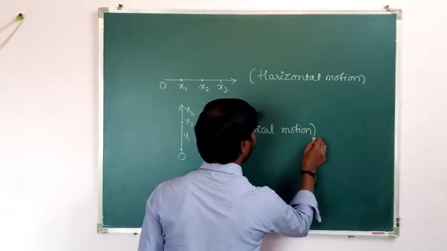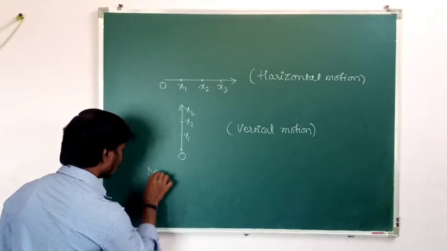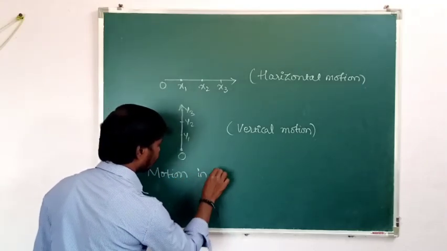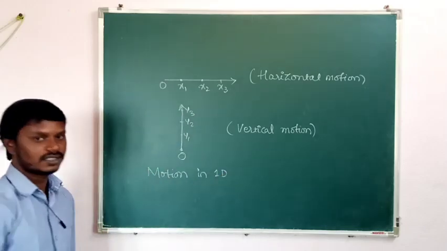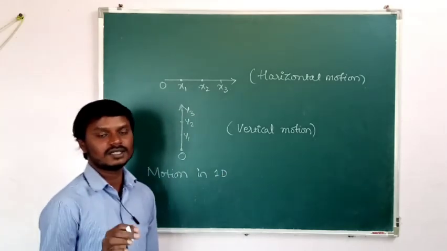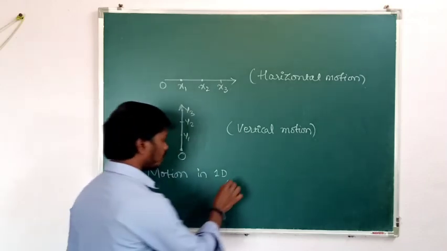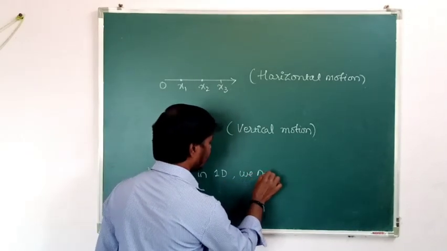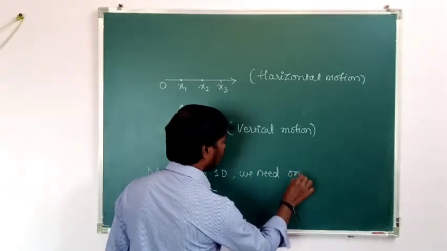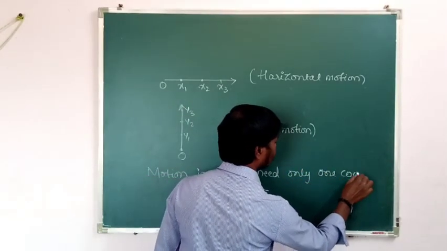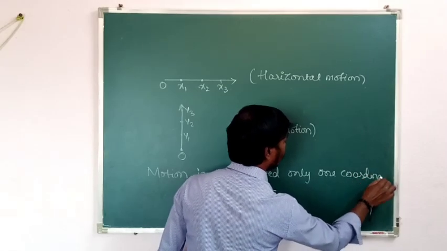So what is its meaning? Motion in one dimension: we need only one coordinate to specify the position of the object or the position of the particle. Only one coordinate.